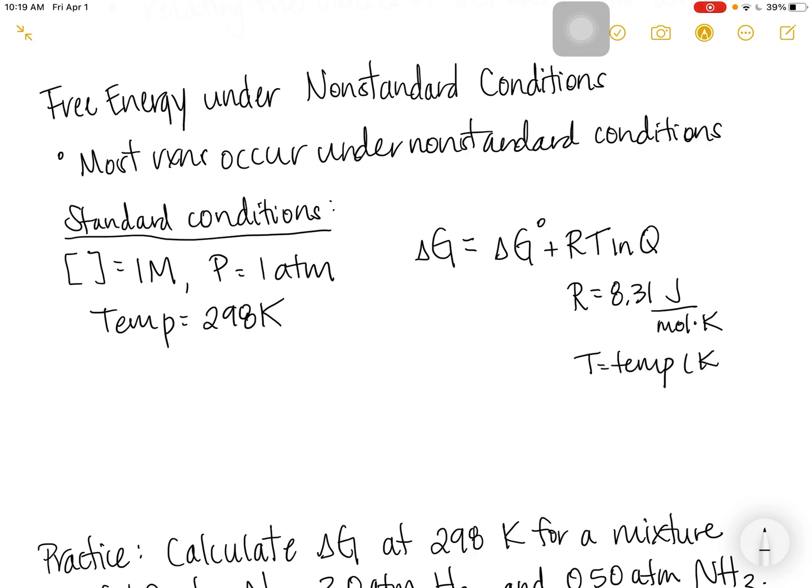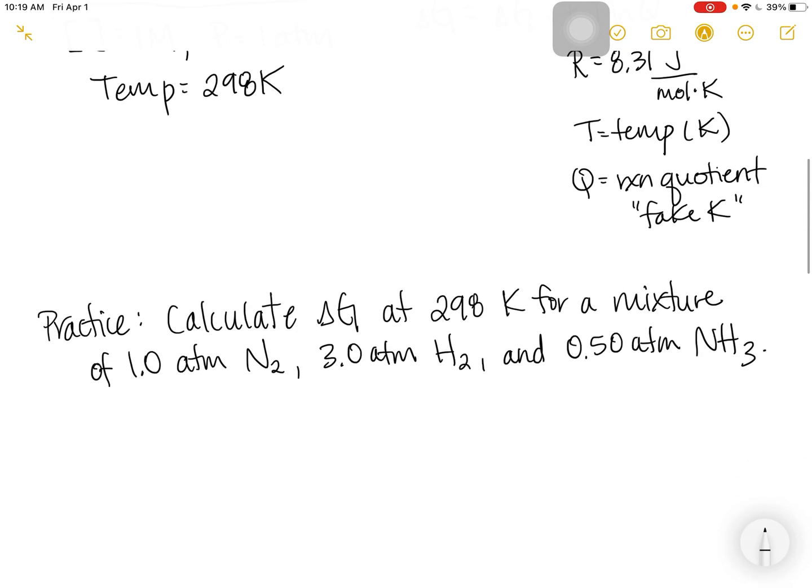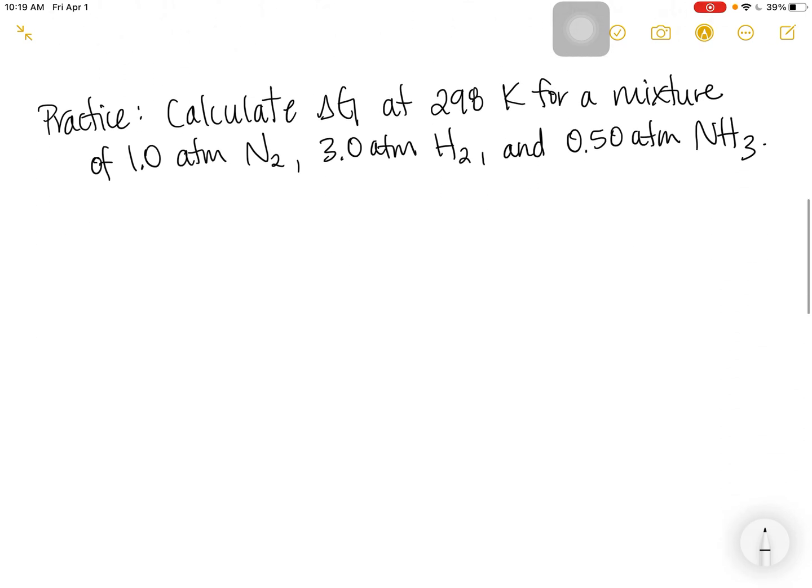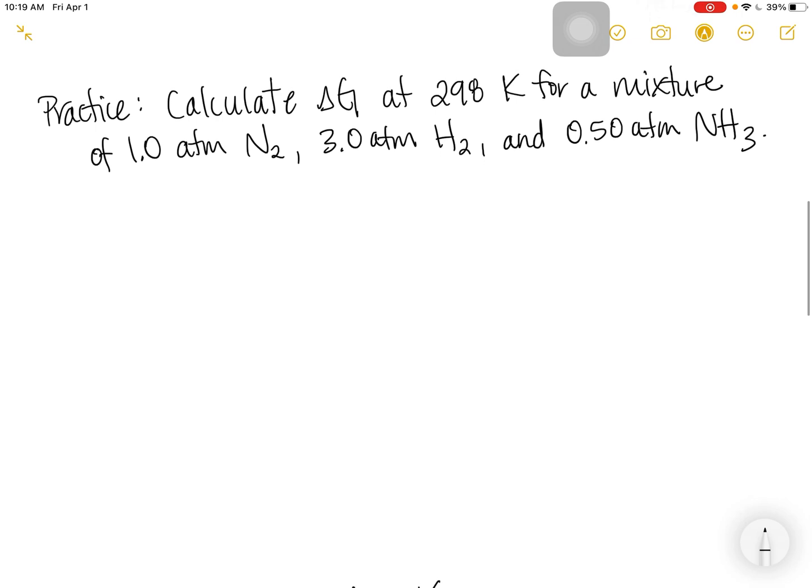T is temp in Kelvin, and Q is the reaction quotient, or my idea of a fake K. If I have all of those pieces of information, then I can calculate a delta G value for a reaction that's occurring at non-standard conditions. So let's do a practice, and hopefully this will make that equation make sense.